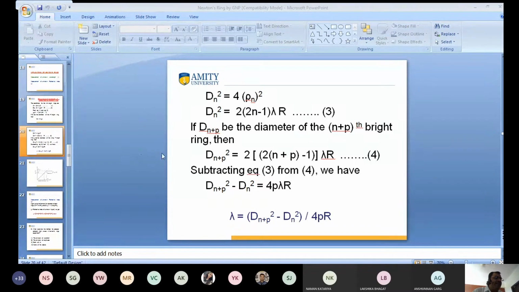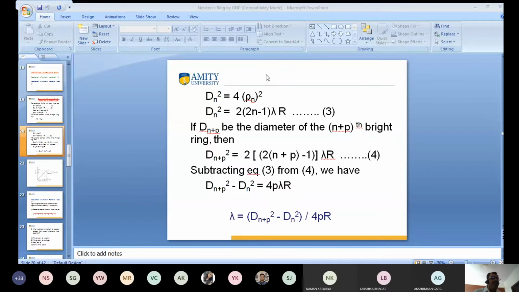So I write dn plus p square is equal to 2, with 2 as it is, and n replaced by n plus p. We put n plus p instead of n in equation 3. So this is 2 into (n plus p minus 1) into lambda r. This is equation 4.